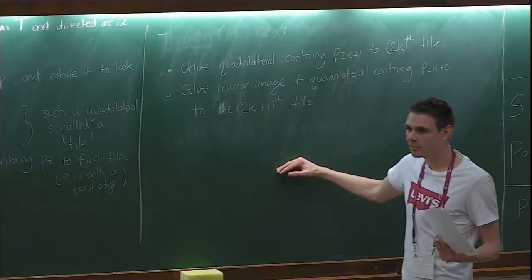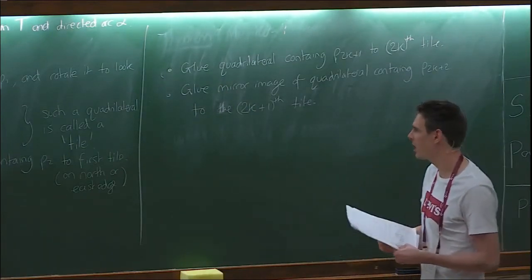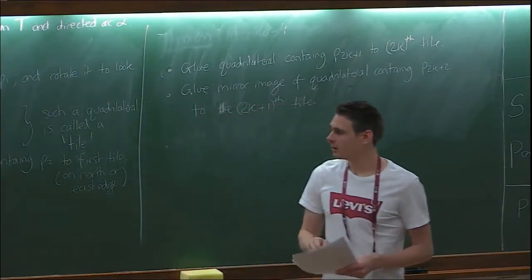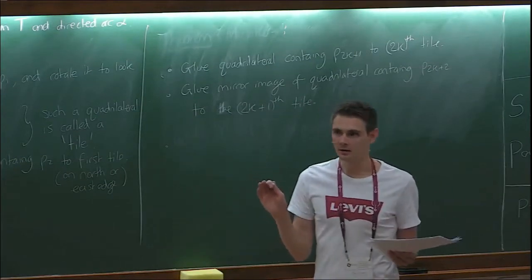This process terminates when we're out of intersection points, and once we've finished, in all of these tiles we delete the diagonals.